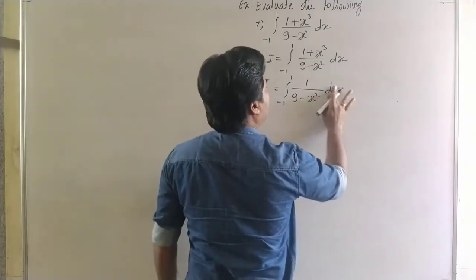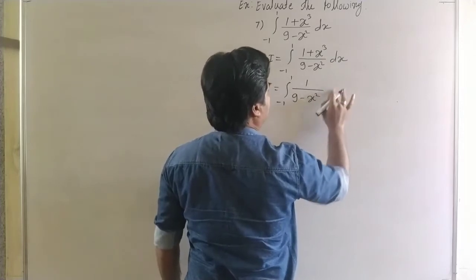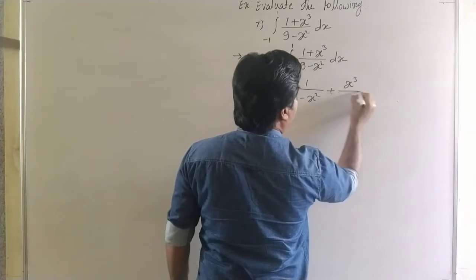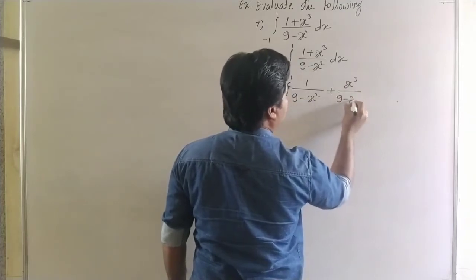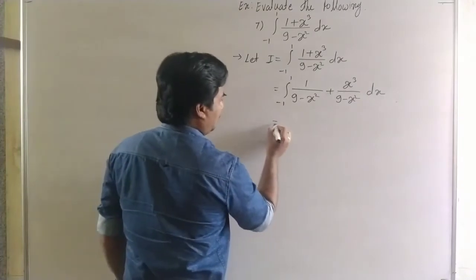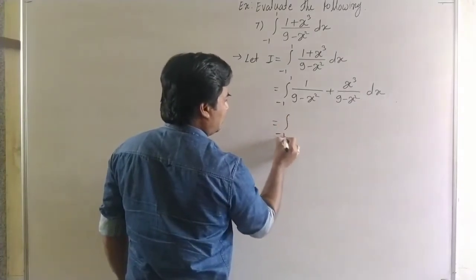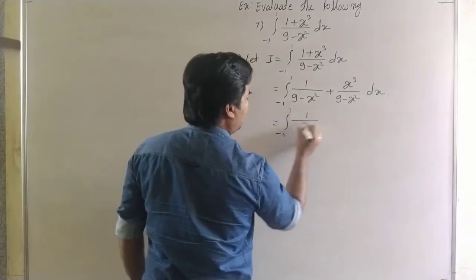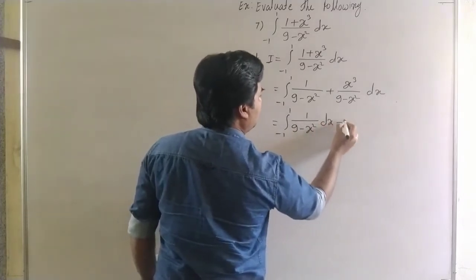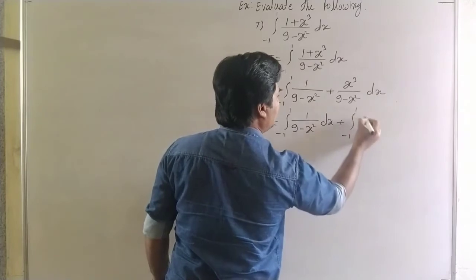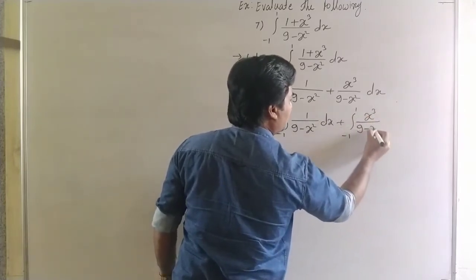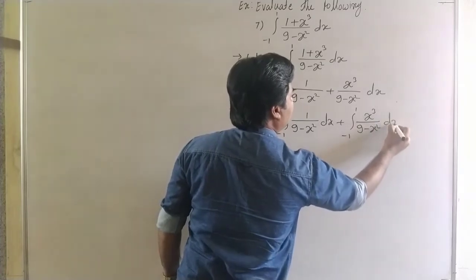Here first we separate the integral, plus x cube upon 9 minus x square dx. Now you can separate the integrals: integral from minus 1 to 1 of 1 upon 9 minus x square dx plus integral from minus 1 to 1 of x cube upon 9 minus x square dx.